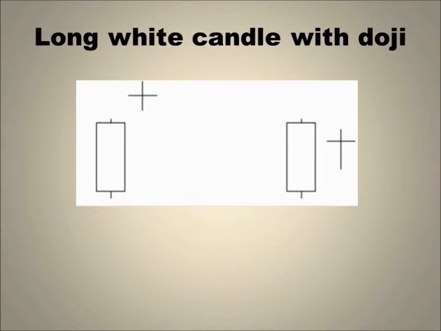And even though we had a lot of action in the previous section, there wasn't too much action in the current session. And then if we look to the right, we have the same thing. A lot of action in the previous section, but not so much action from the bulls in the current session.